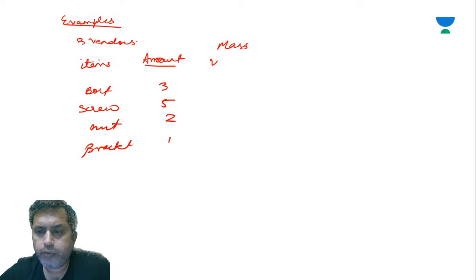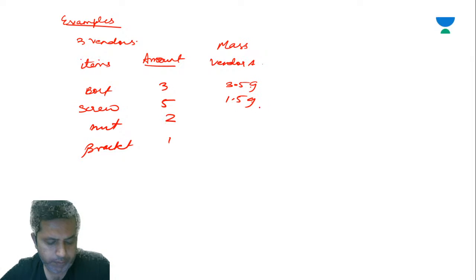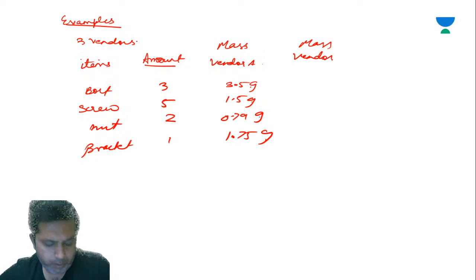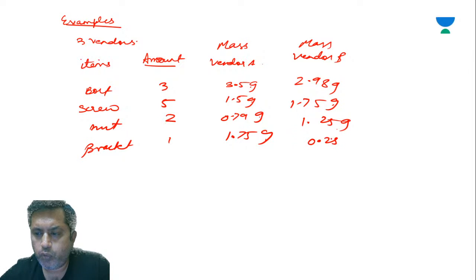Mass: vendor A, 3.5 gram, 1.5 gram, 0.79 gram, 1.75 gram. Mass: vendor B, 2.98 gram, 1.75 gram, 1.25 gram, 0.25 gram.